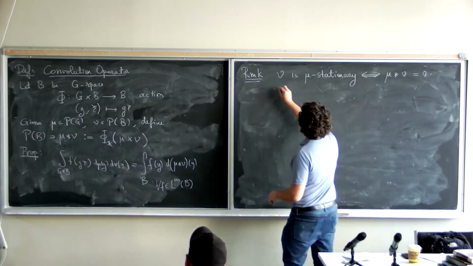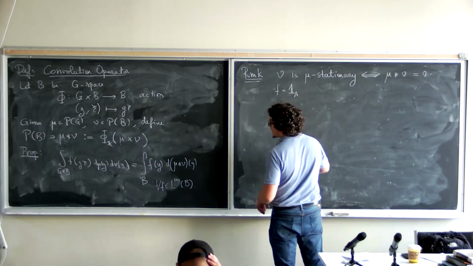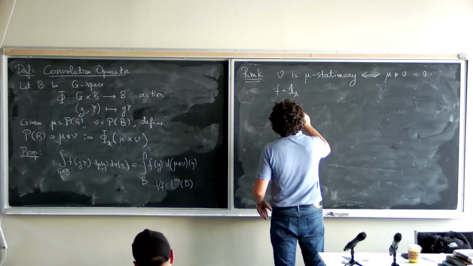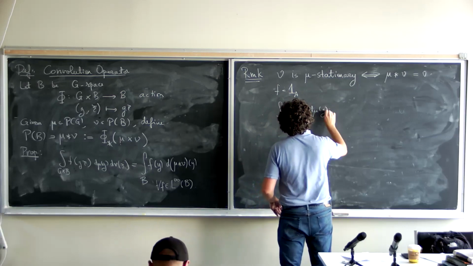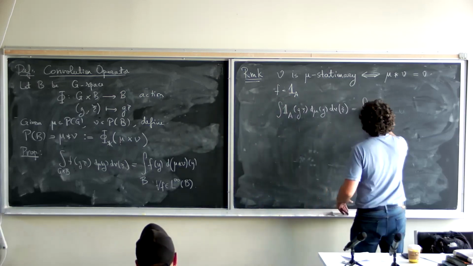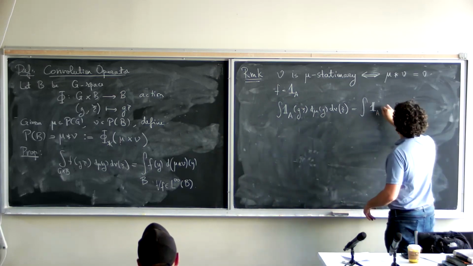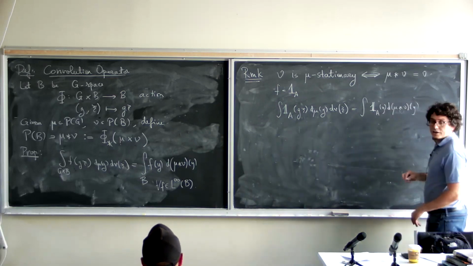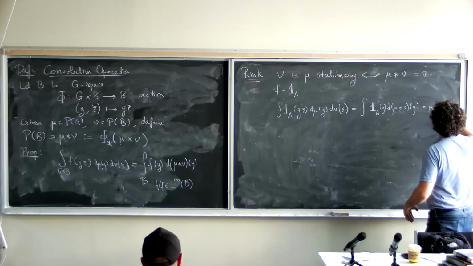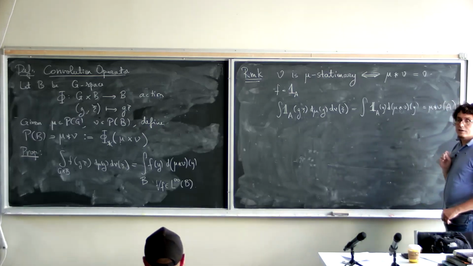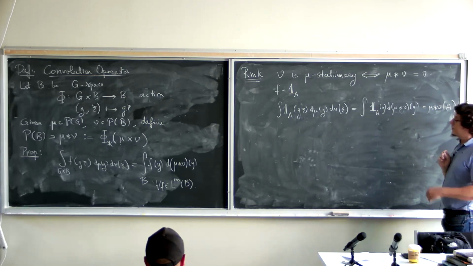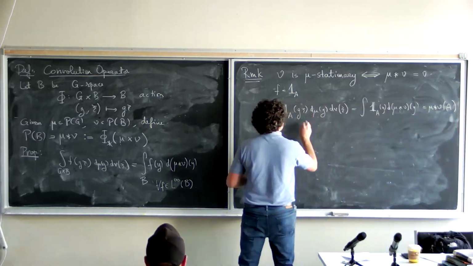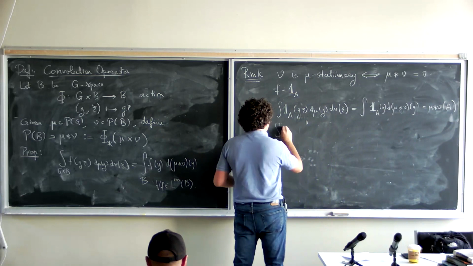Right? So if f is the characteristic function of a set A, the integral of the characteristic function of A d mu star nu y is mu star nu of A. And this one is what? This is the integral over g of d mu g.